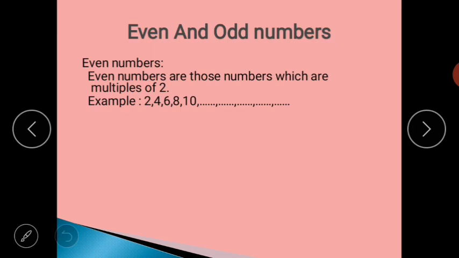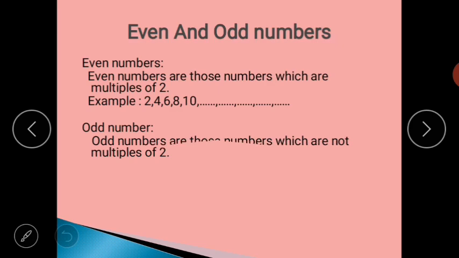These are the multiples of 2, and so they are even numbers. What are odd numbers? Odd numbers are those which are not multiples of 2. For example, 1, 3, 5, 7, 9 and so on. These are the odd numbers.